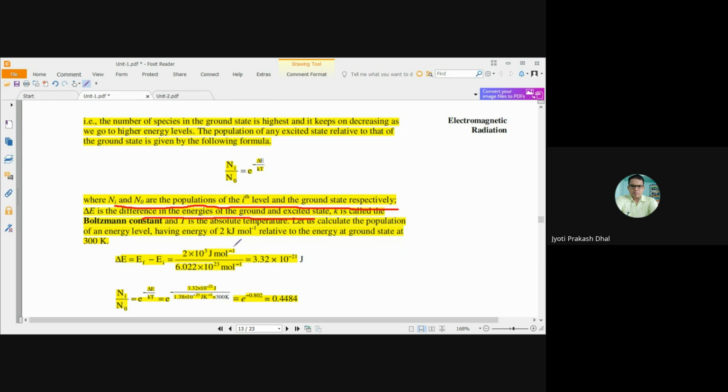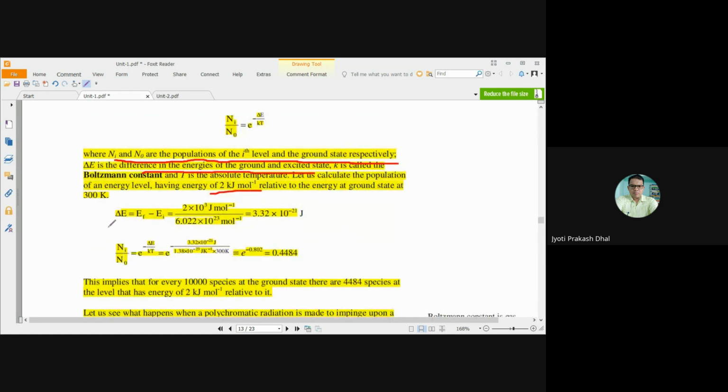Now let us calculate the population of an energy level having energy 2 kilojoule per mole relative to the ground state. Here a particular example is given. Del E equals E final minus E initial, that is equal to 2 kilojoule per mole, that means 2 times 10 to the power 3 joule per mole, divided by Avogadro's number.